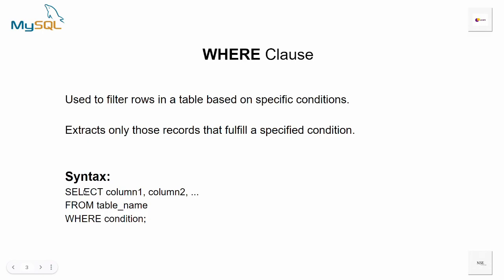You're going to have the select keyword, then specify the columns that you want to use, and then specify the table name. In this case, where we have table name, we will be using employees, because the employees table is the table that we're working with currently.